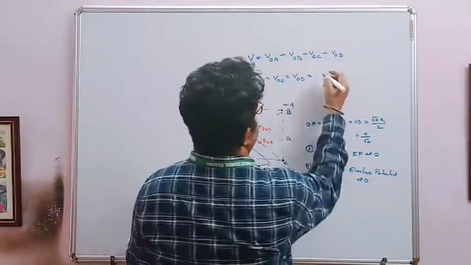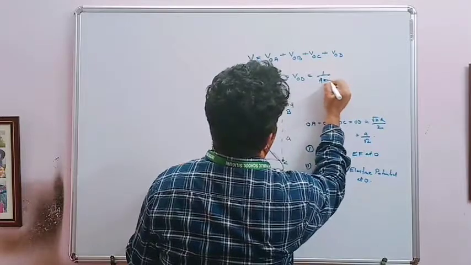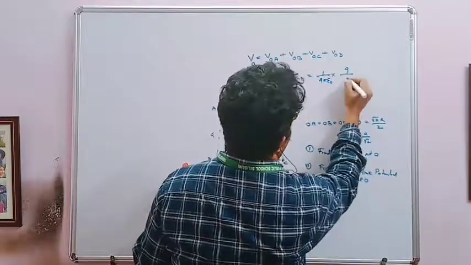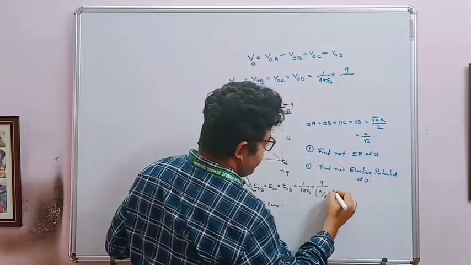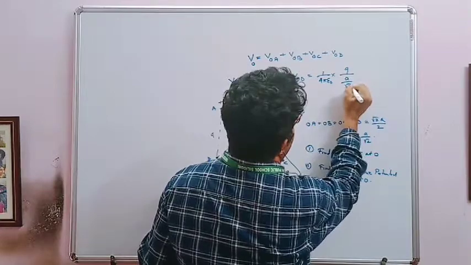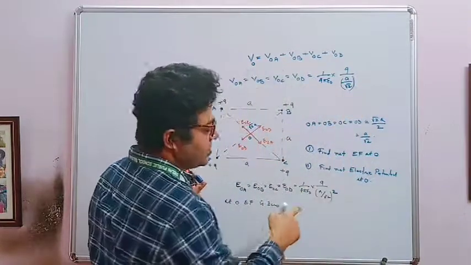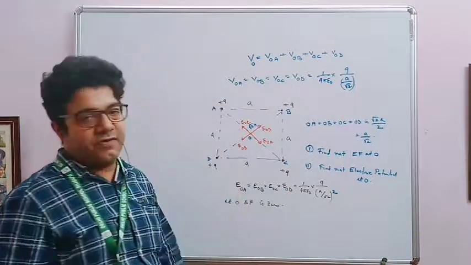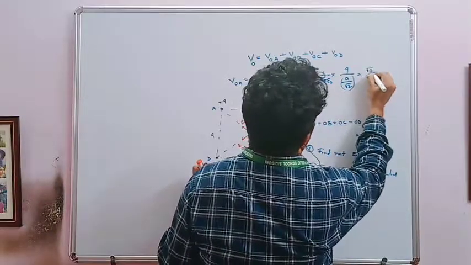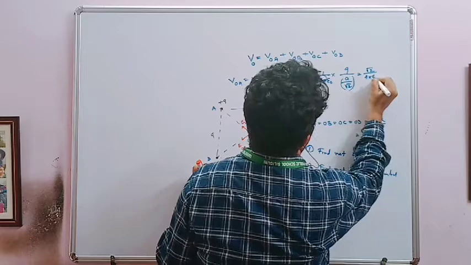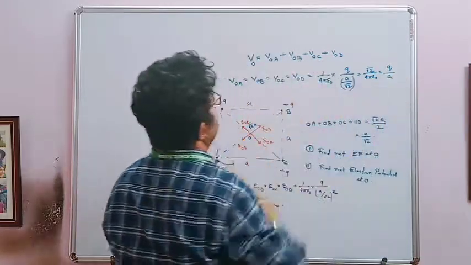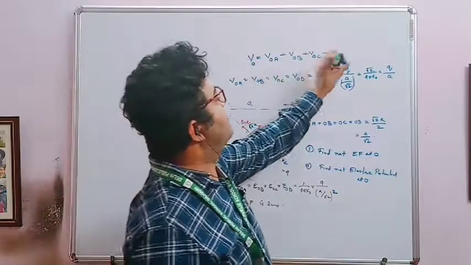So the value is 1 by 4 pi epsilon naught Q by A by root 2. For potential, the distance is not squared; it is squared only for the electric field. So what you have is root 2 by 4 pi epsilon naught Q by A. Now, how many potentials do you have? 1, 2, 3, 4.